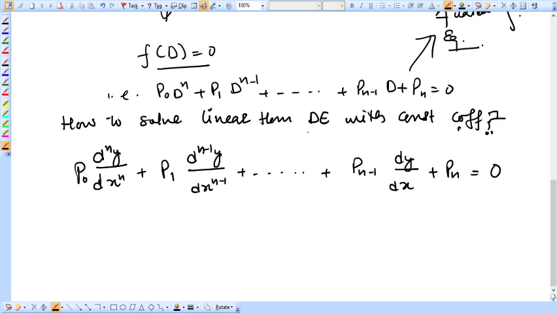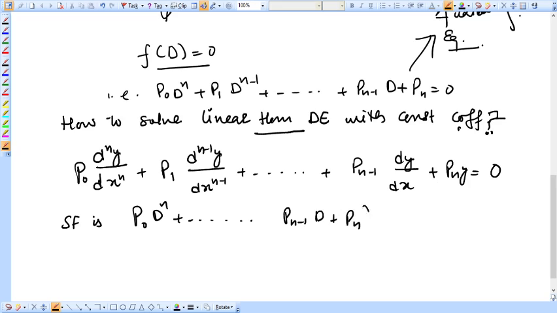So we know the symbolic form is written as (p naught D^n + p1 D^(n-1) + so on + p n) y equals 0. I forgot to write y here.